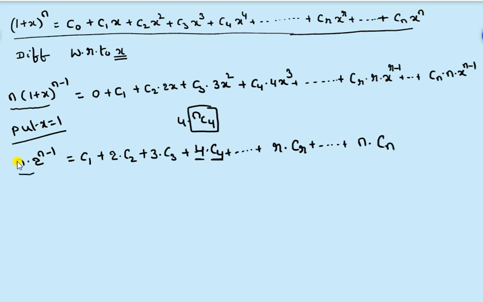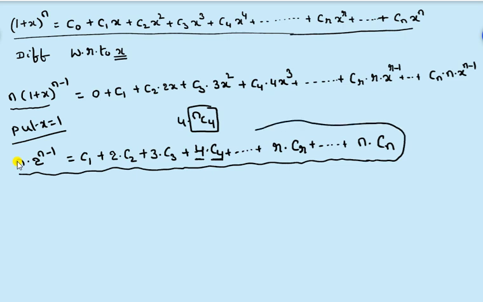So this is another property we can say: C1 plus 2 into C2 plus 3 into C3 plus 4 into C4 plus and so on plus n into Cn, we can write as n into 2 to the power of n minus 1.